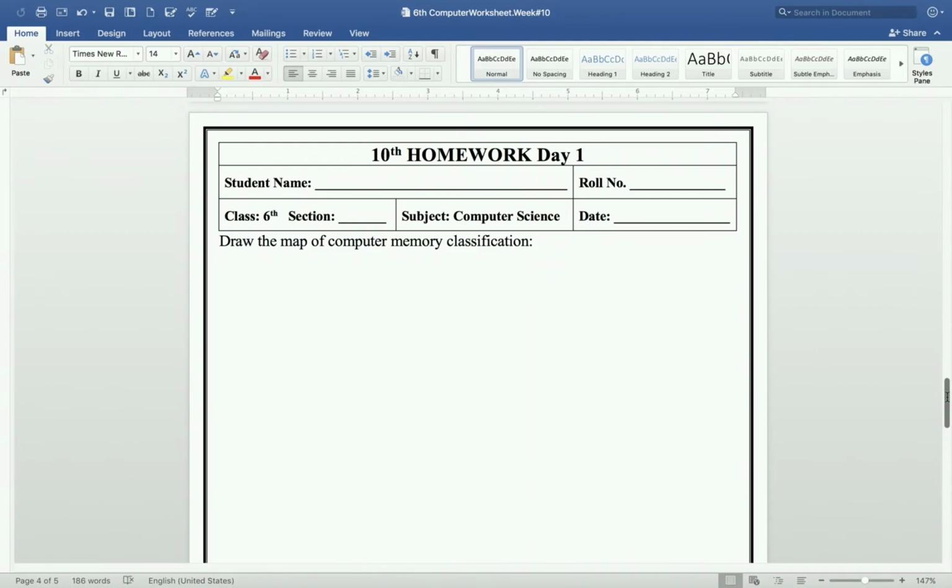So you will draw the whole map. Firstly start from storage or memory, then it is divided into primary and secondary, then primary memory classification and secondary memory classification both. The whole map you will draw here.